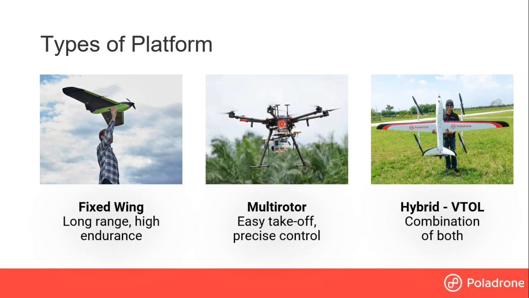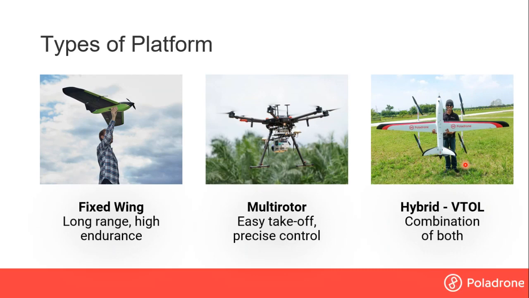You don't need a very big space for it to take off. You don't need a runway or anything. You can just take off right on the spot and then land it precisely. What multi-rotors are bad at is that the maximum flight time is around 35 to 40 minutes max.